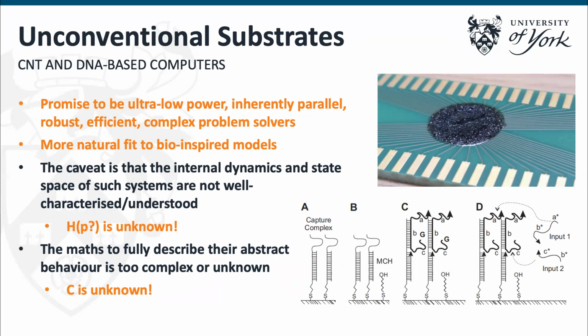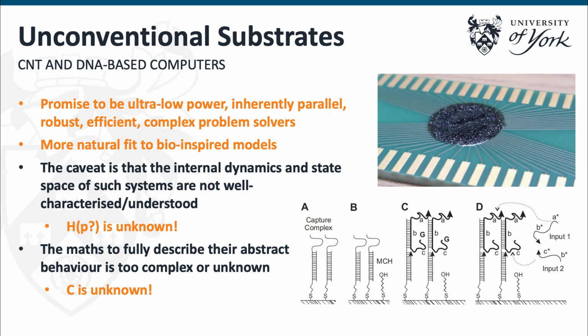But the problem is they are not very well characterized or understood, even by material scientists. Material scientists measure higher level properties of materials, sheet resistance, whatever, but I don't care about that. I want to use it as a computer. So these detailed dynamics are not well characterized or understood.